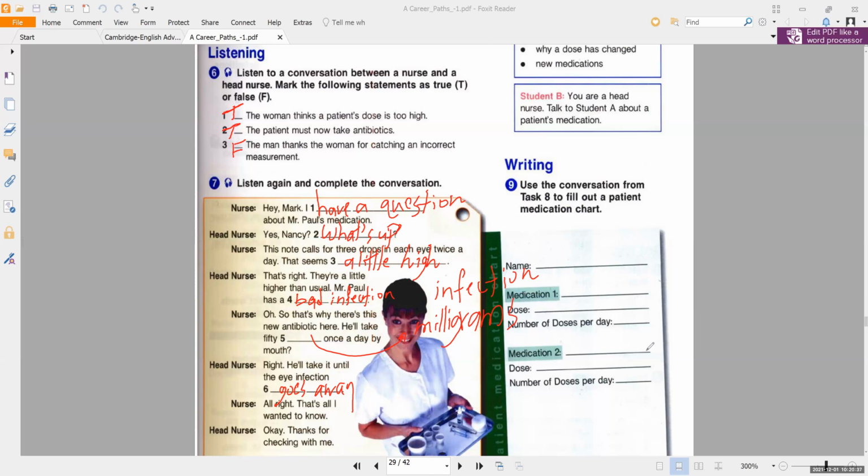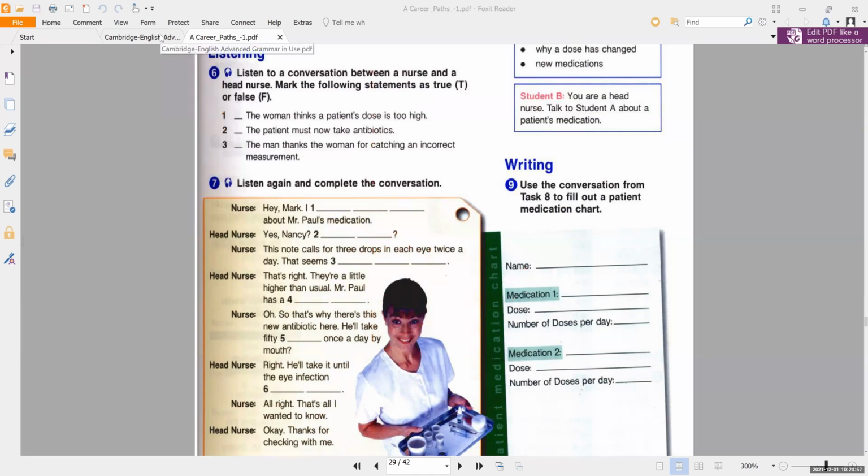So the patient is okay, the medication is okay, and everything is going well with this patient's medication. Now, we are going to move to the second part of the class today, which is the grammar part and the language. I don't like to call it the grammar part.